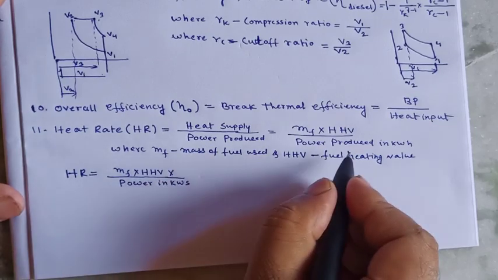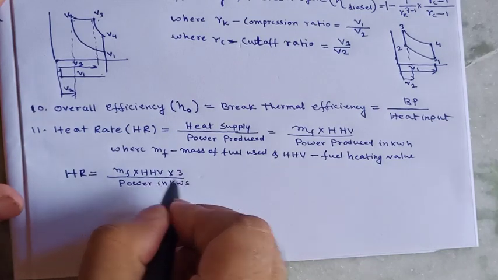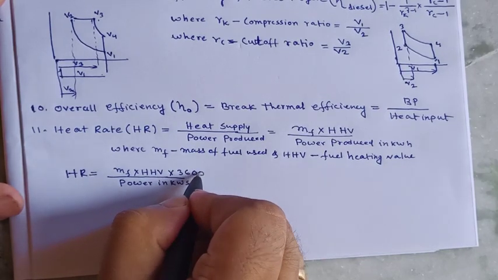Then we have to convert this hour into second, so we have to multiply with 3600.